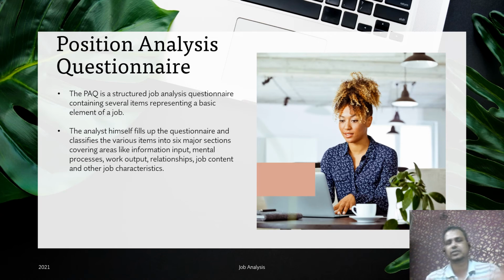Now, when the information on all the elements is gathered through the questionnaire, the analyst tries to classify that information into different areas. Basically, in six major sections: information input, mental processes, the work output related to the job, relationships with the job content, and other job characteristics.